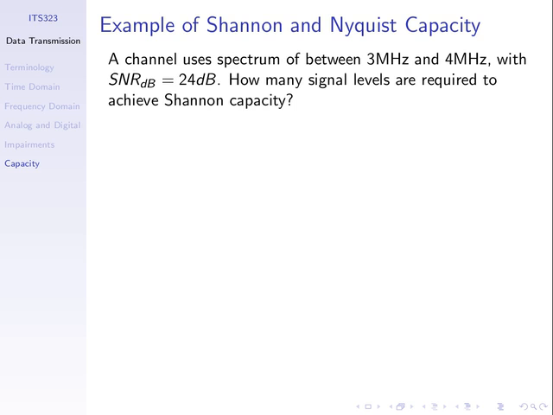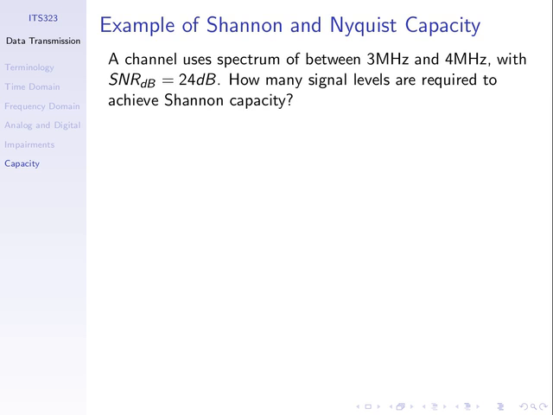Maybe if we drew a plot of this channel, the signals it lets pass, in practice it may look something like this. When we drew plots in the frequency domain, we just had impulses.